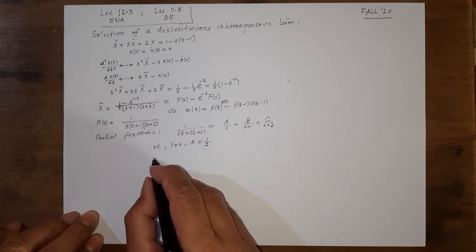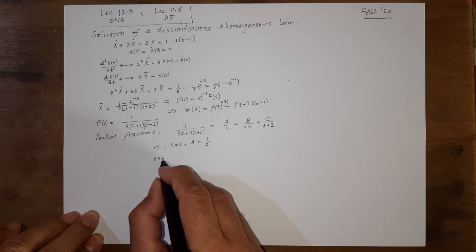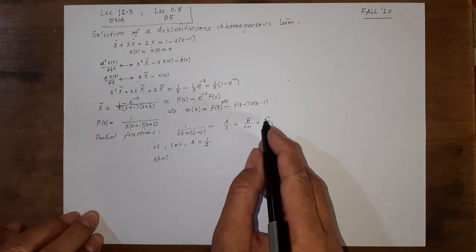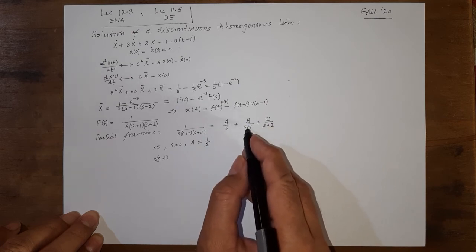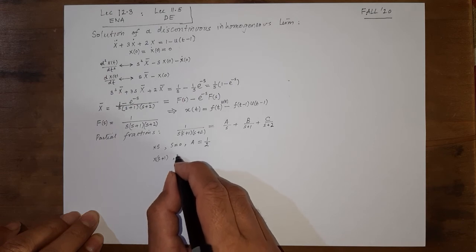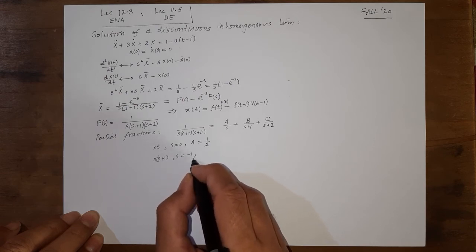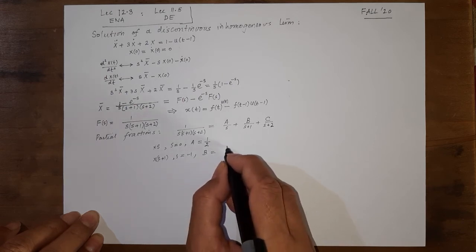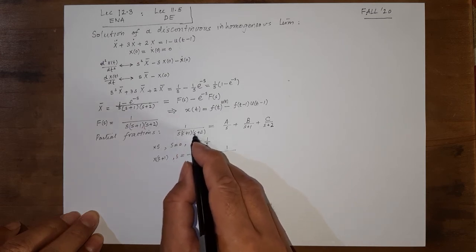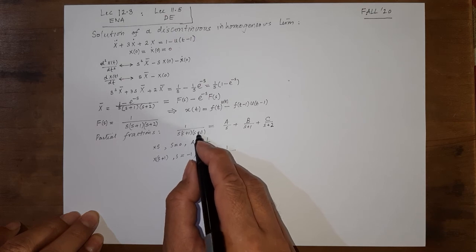And if we do it on a similar line, multiply by s plus 1 throughout, these terms cancel out. These two get s plus 1 in the numerator. When we put s plus 1 equal to 0, these cancel out, and we get B is equal to 1 over minus 1. Minus 1 plus 1 plus 2 is plus 1.